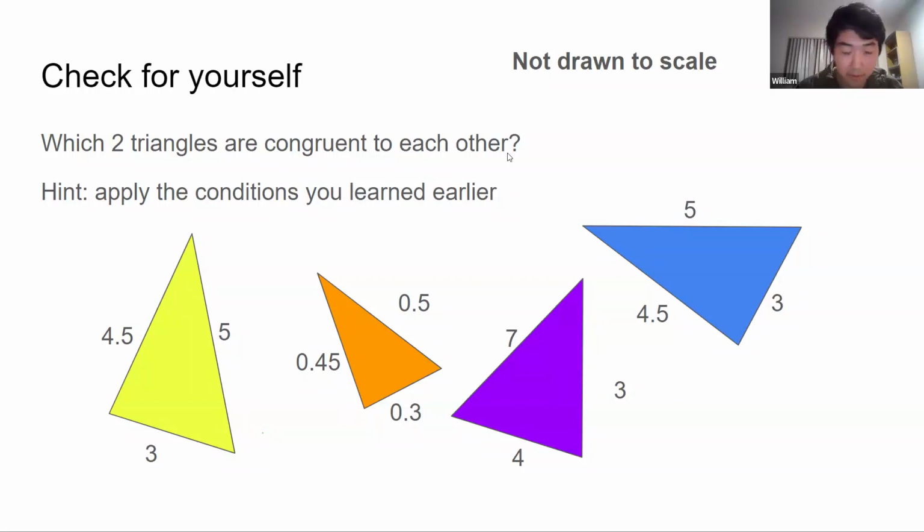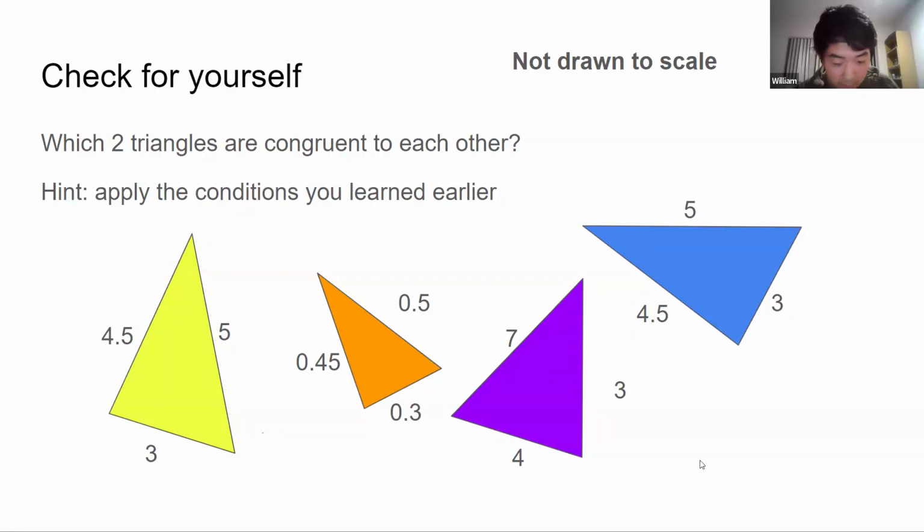Okay, so moving on. The two triangles that are congruent are the yellow one and the blue one. As Alistair said, from SSS, side, side, side, we know that these triangles are congruent because 4.5 is present on the blue triangle, and they both share 5 and 3 on the other triangle.